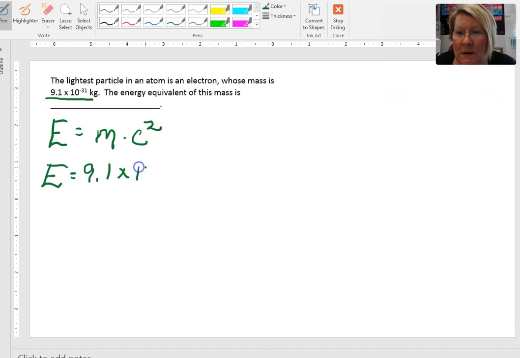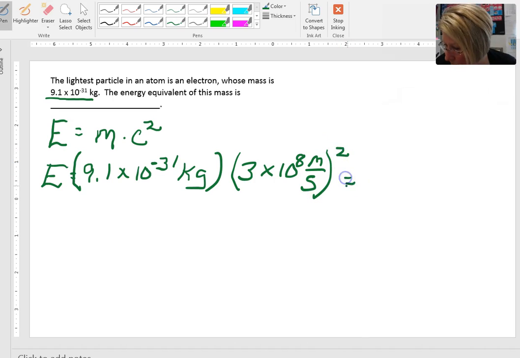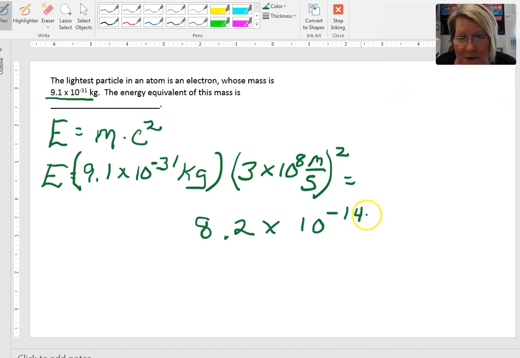9.1 times 10 to the negative 31 kilograms times the speed of light squared, which is 3 times 10 to the 8 meters per second squared, and we come up with 8.2 times 10 to the negative 14 joules.